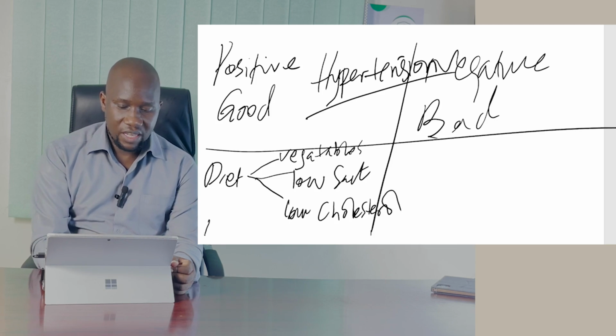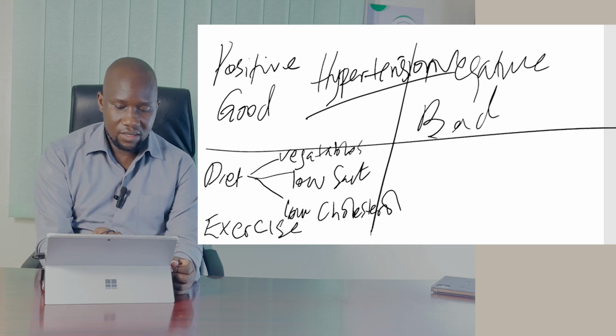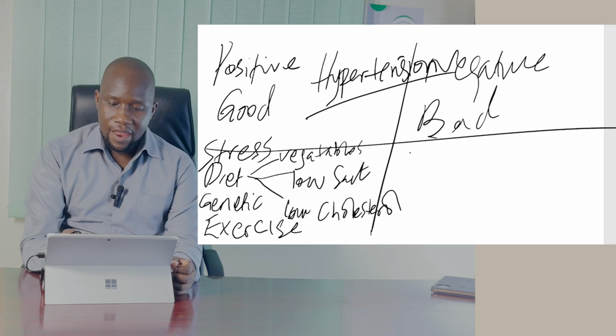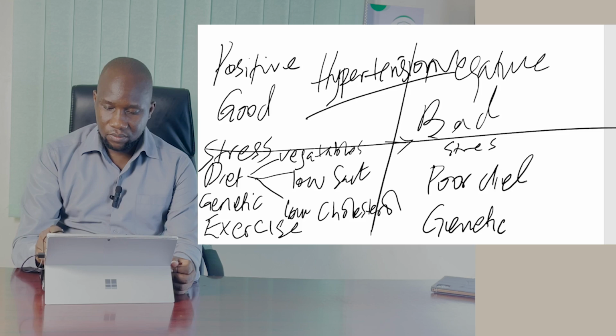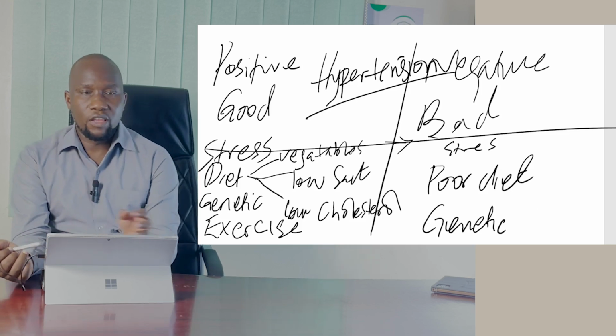And then you're also exercising, you live an active lifestyle, you don't have a genetic predisposition, and you don't have stress. Now, here on this side, stress is too much, your diet is poor, and then you have genetic predisposition. So you see, these are the bad signs.